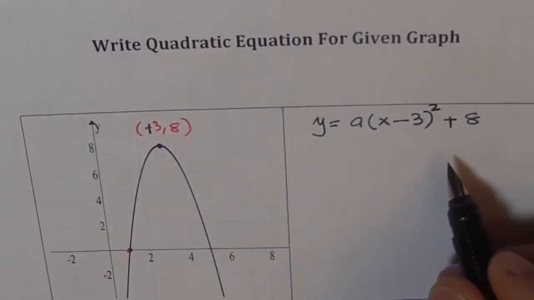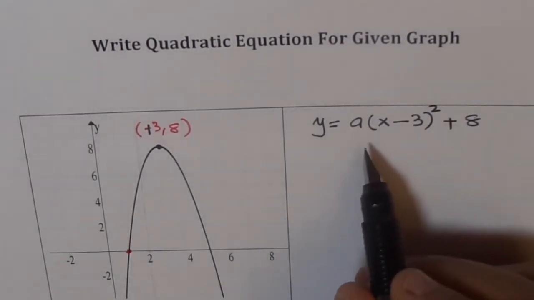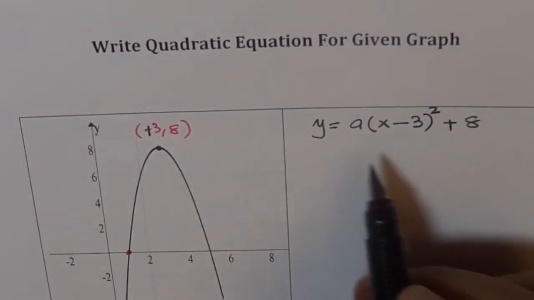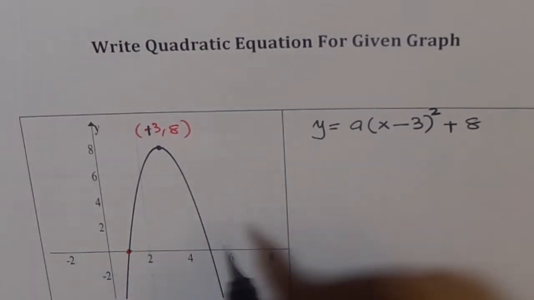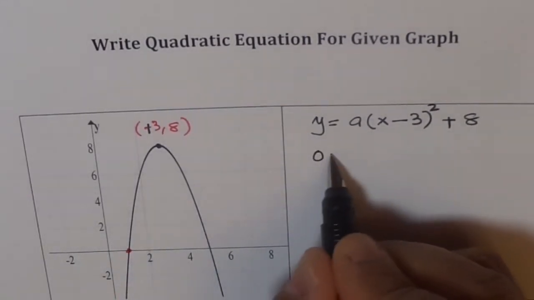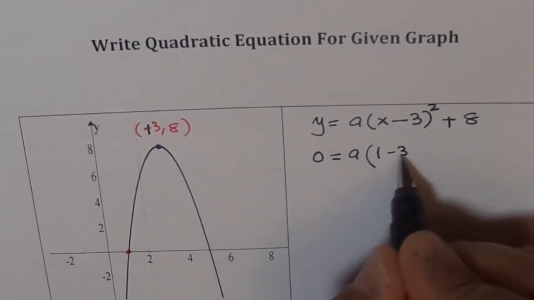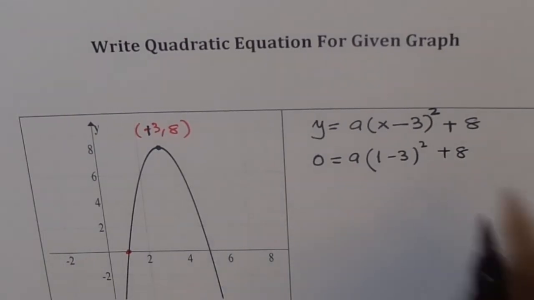So this is a quadratic equation. Therefore, the vertex form equation is a times (x minus 3) whole square plus 8. Now we'll find what the value of a is. At this point, y is 0. So let me write 0 equals a times (1 minus 3) whole square plus 8. Let's solve.